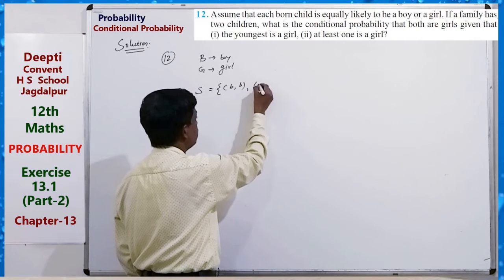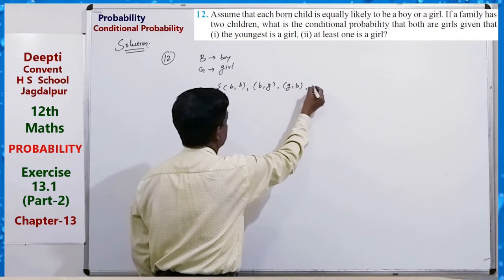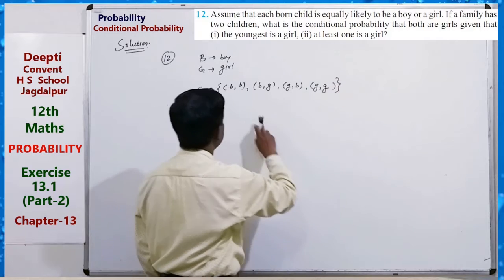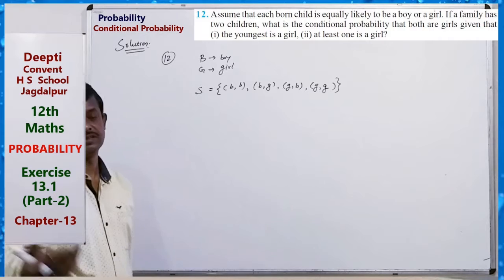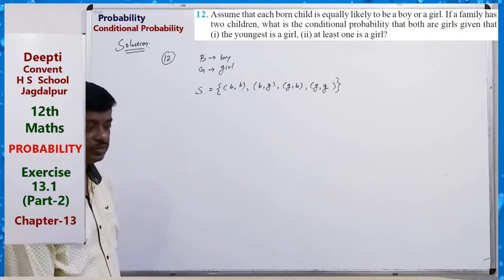So BB maybe, BG maybe, GB maybe, and GG maybe. This is the sample space, having 4 elements.